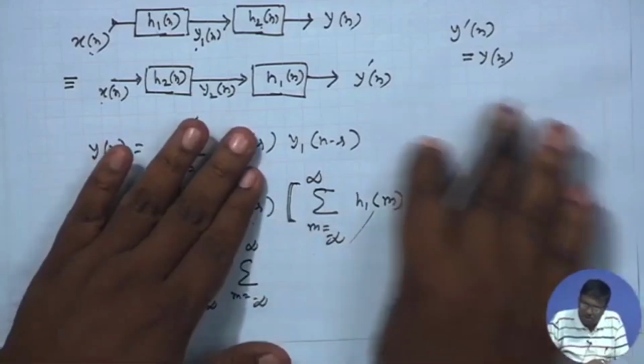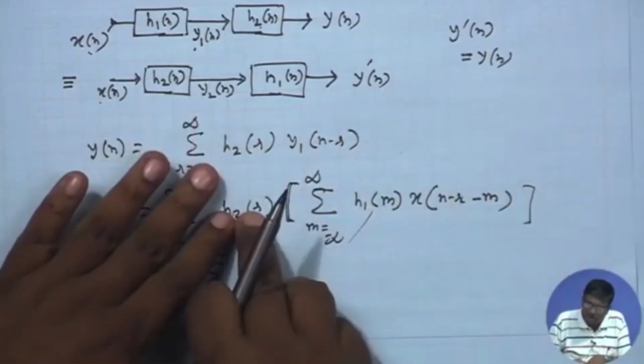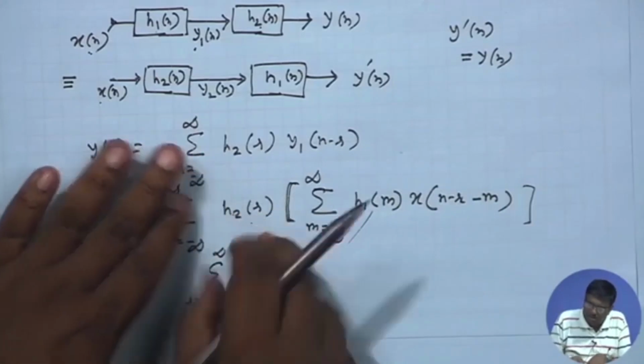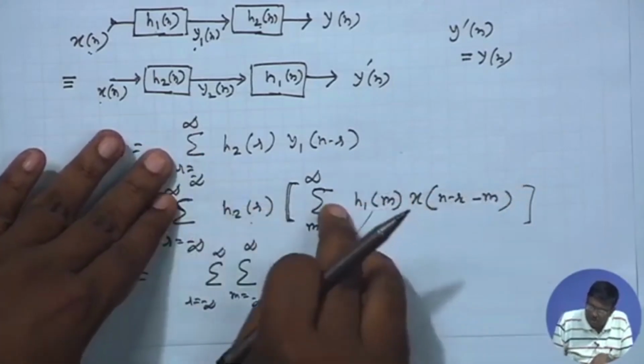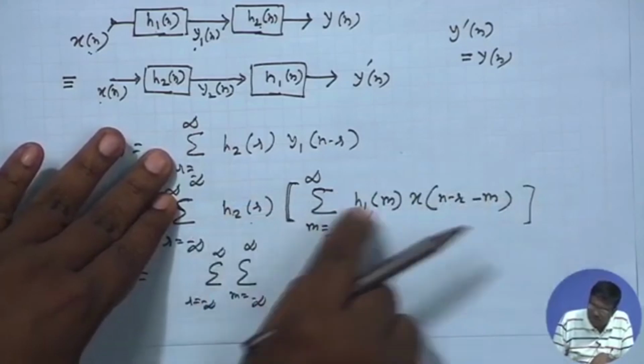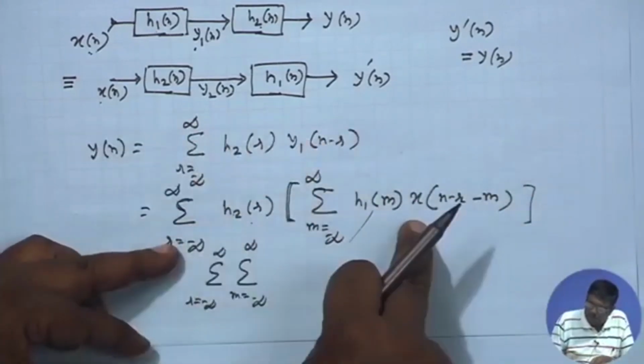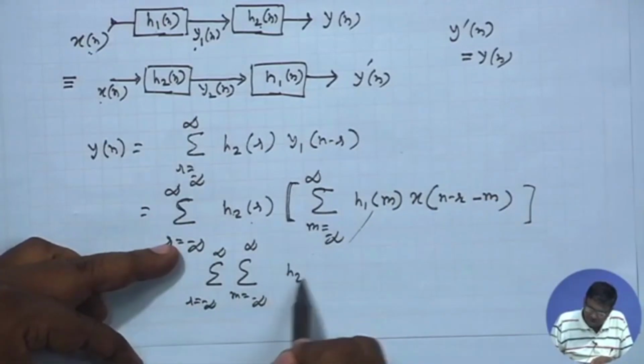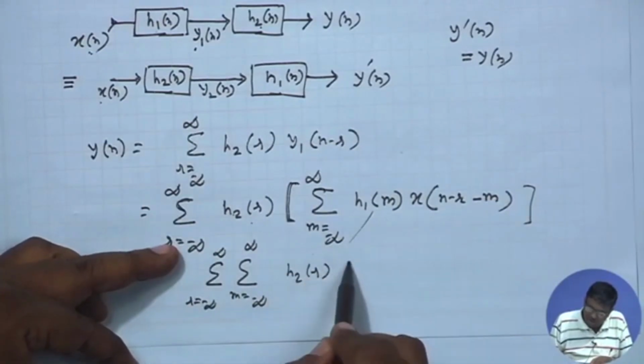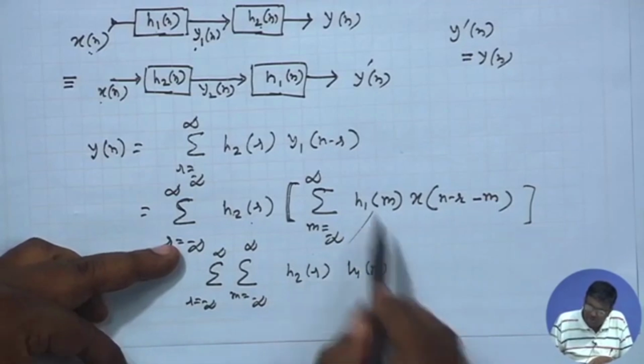First you work out the summation, then multiply by h 2 r. It will be the same thing if h 2 r is brought inside the summation, where it multiplies every term for each m. Like if you expand this summation, every term you multiply by h 2 r. So h 2 r times every term h 1 m, for each m.